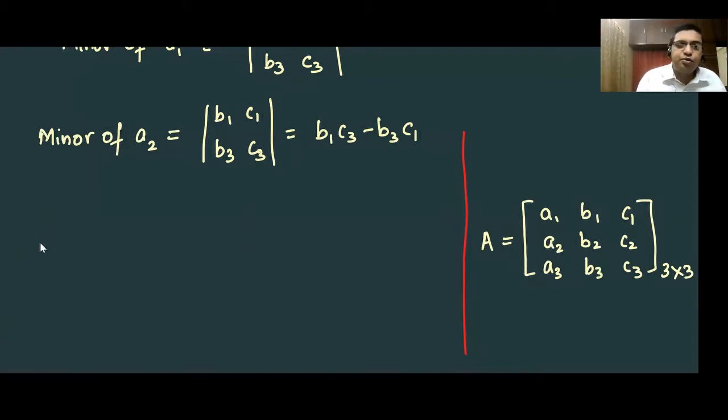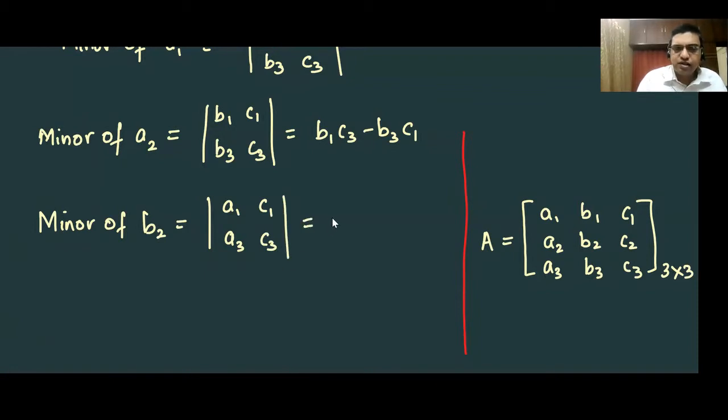Let us say minor of B2. What will be the minor of B2? Remove the row containing B2 and the column containing B2, and whatever is the rest, take the determinant of that, A1 C1, A3 C3. So A1 C3 minus A3 C1.